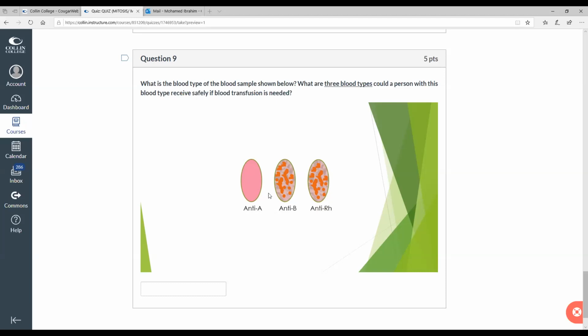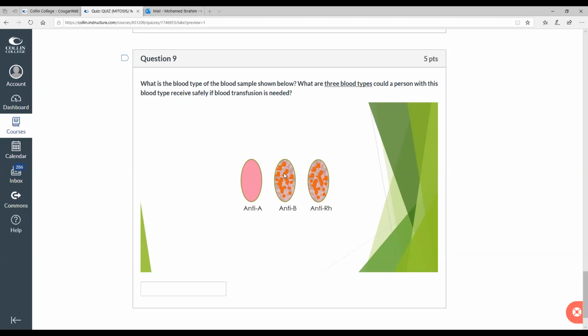Okay? So here, for example, there is no reaction, meaning that antigen A is not present. Why? Because antibody A did not react. So when antigen A is not present, this one is not blood type A. Okay, look here. There is a reaction when I added antibody B, meaning that antigen B is present.